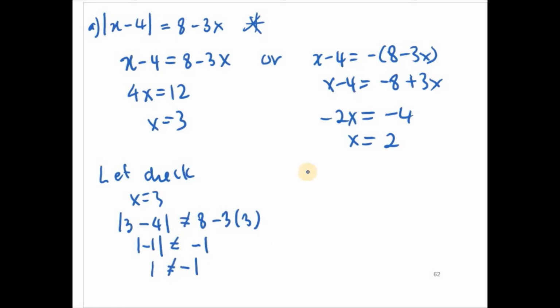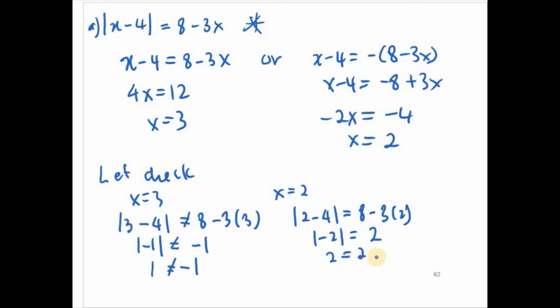Okay, so let's check x equals 2. When we substitute, we will have modulus 2 minus 4 equals 8 minus 3 times 2. So modulus 2 minus 4 is modulus negative 2, 8 minus 6 is 2, modulus negative 2 is 2, so 2 equals 2. So this is satisfied, so the answer here is x equals 2 only.